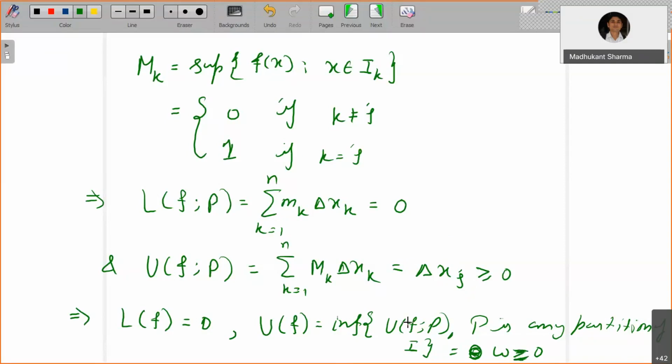So this function is discontinuous at one point, but it is still Riemann integrable.